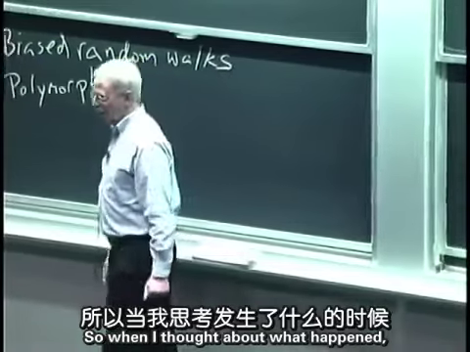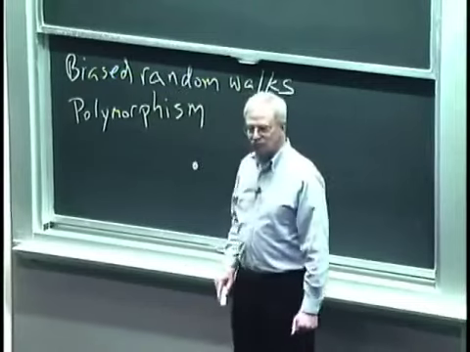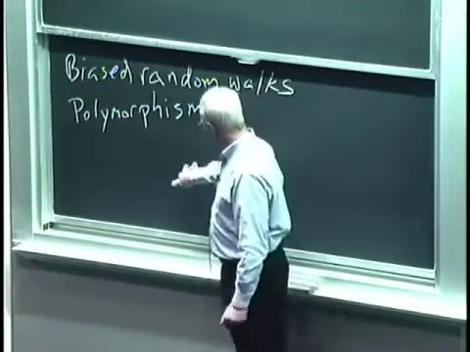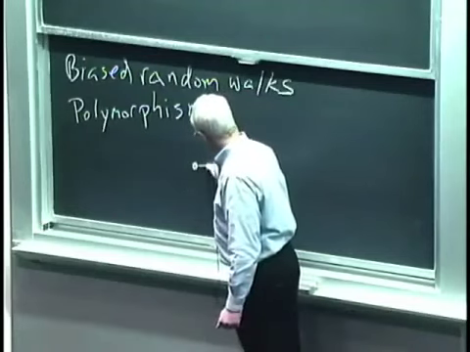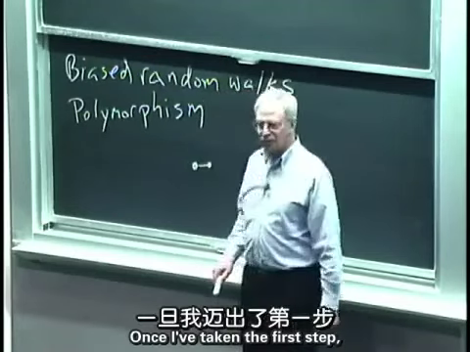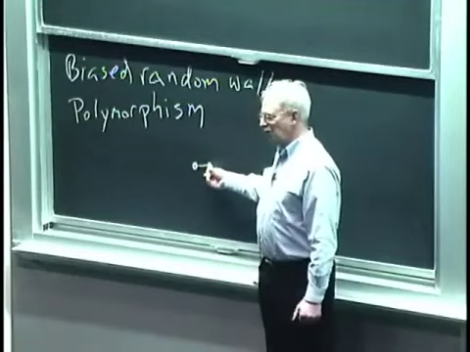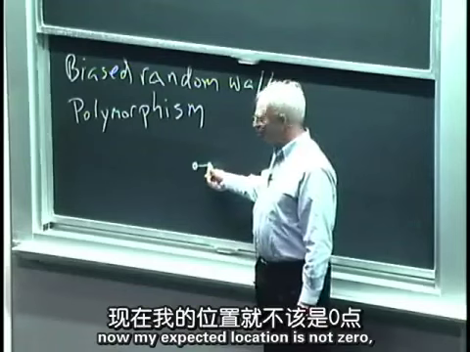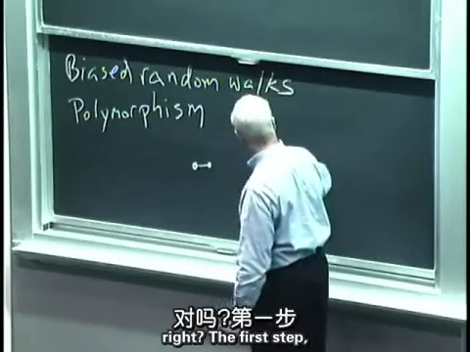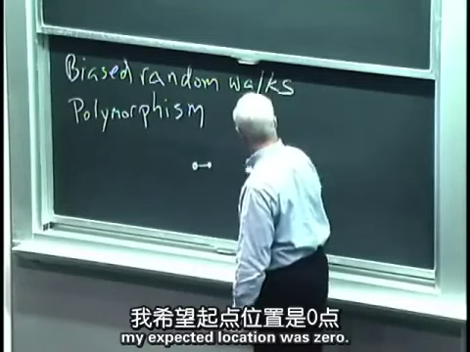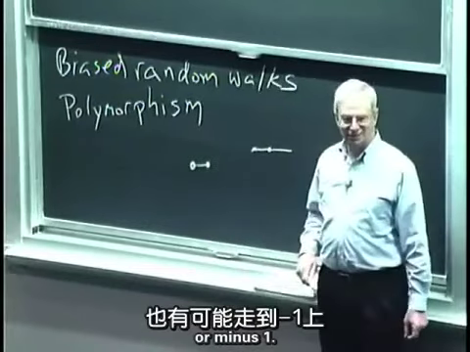So when I thought about what happened, I realized that while I might have started at the origin, and after the first step I'm equally likely to be here or here, once I've taken the first step, now my expected location is not 0, right? In the first step, my expected location was 0, because I'm equally likely to be +1 or -1.